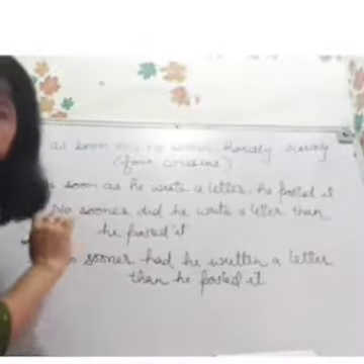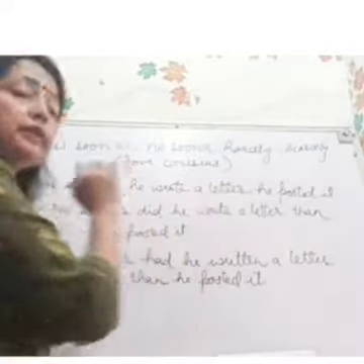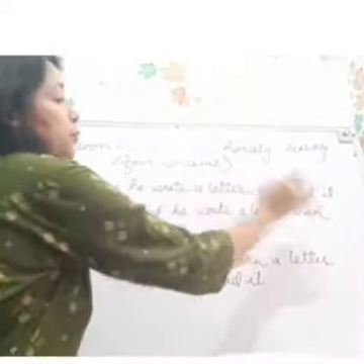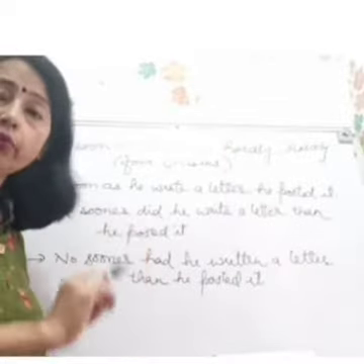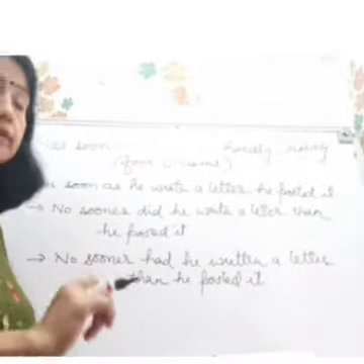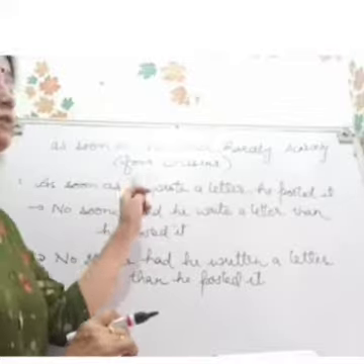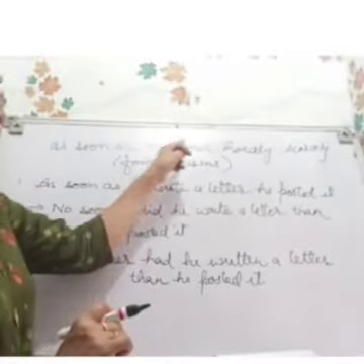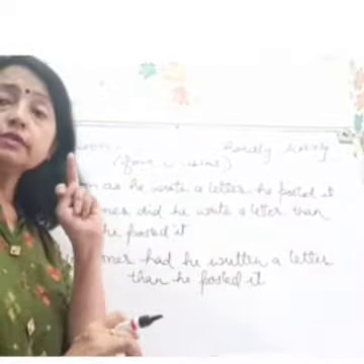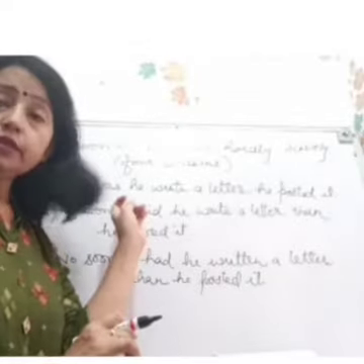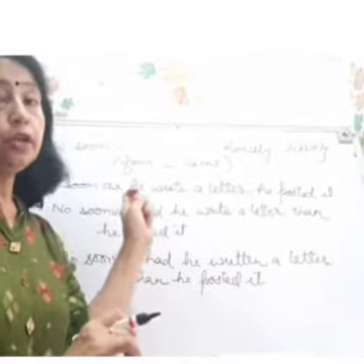See, the sentence is, suppose, as soon as he wrote a letter, he posted it. This is the statement and you are asked to change this sentence by using no sooner.